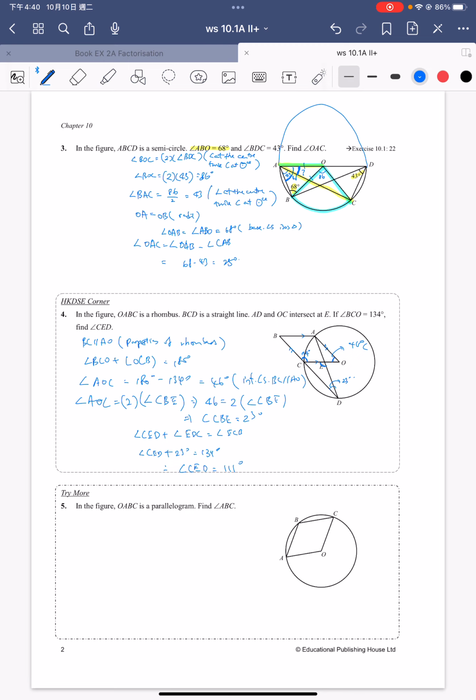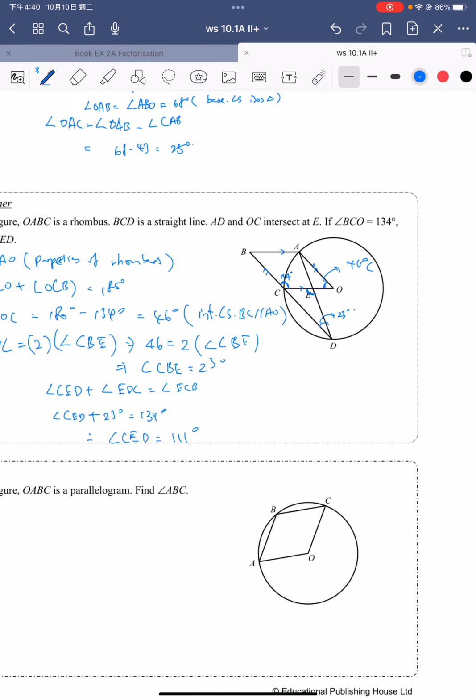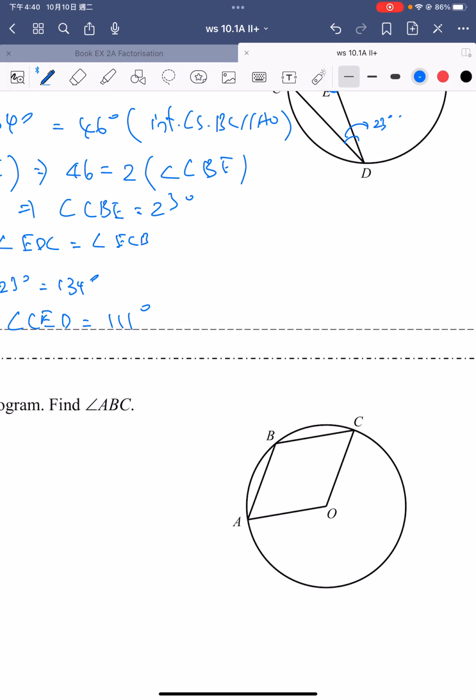Okay, let's move to the last question. It's actually a really easier one because this is a parallelogram. For a parallelogram, we have these two parallel, these two parallel, and these two lengths are the same. If this is the radius, this is the radius, this is the radius, then these are the same.